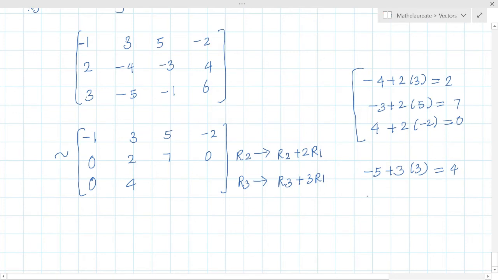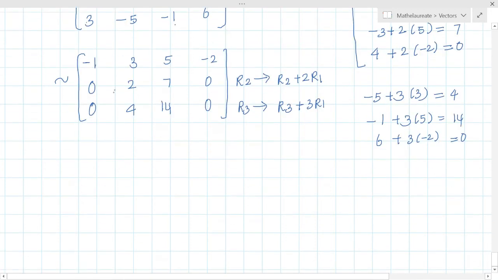Next, minus 1 plus 3 times the corresponding term 5. Minus 1 plus 15 is 14. The last term, 6 plus 3 times minus 2. That gives you 0, right?